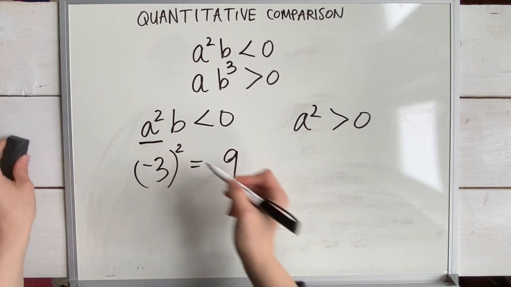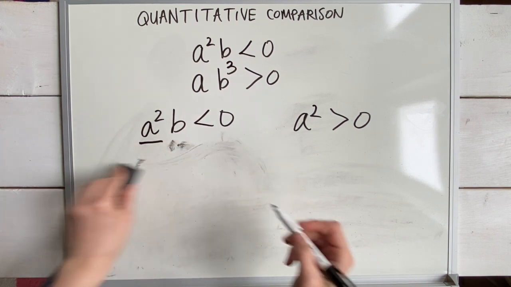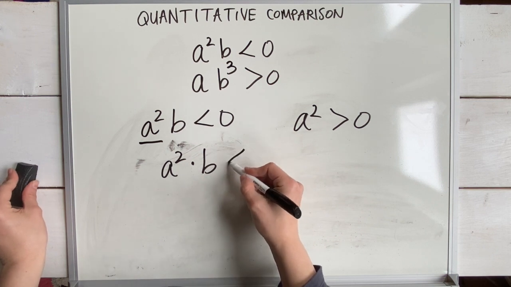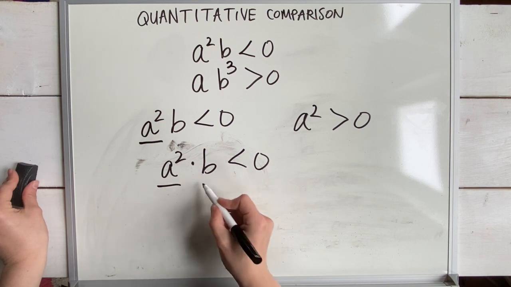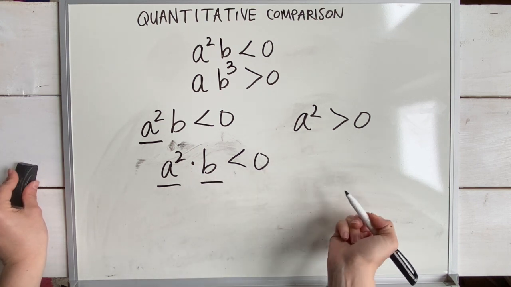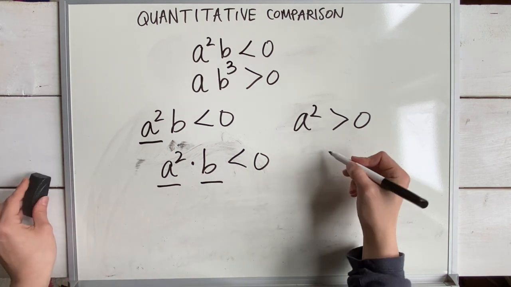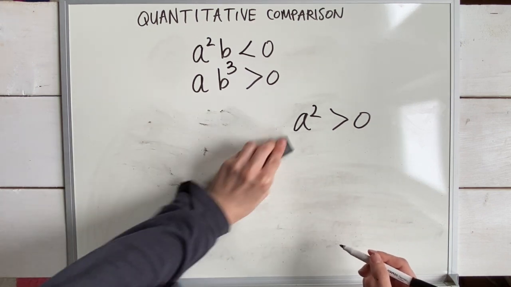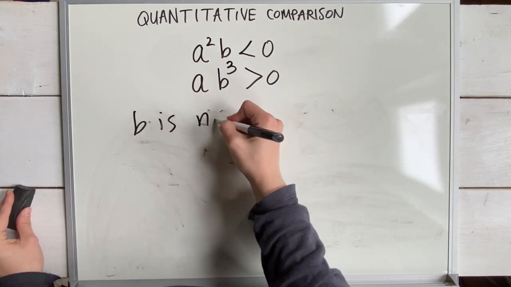When we multiply a positive number, A squared, times B, and our answer is less than 0, that tells us that we know A squared is positive, so B must be negative, so that we end up with a negative number as our answer. Great. Now we know B is negative. That's our big takeaway here. B is negative.